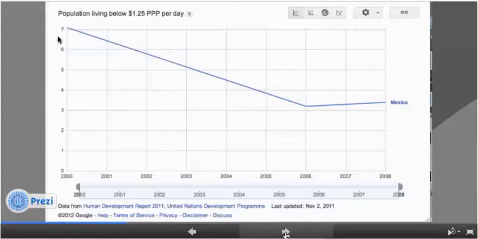So as the graph depicts to us, between the early 2000s and 2006, there was a decrease in the poverty rates, but most recently, between 2006 and the present, we have been increasing again.